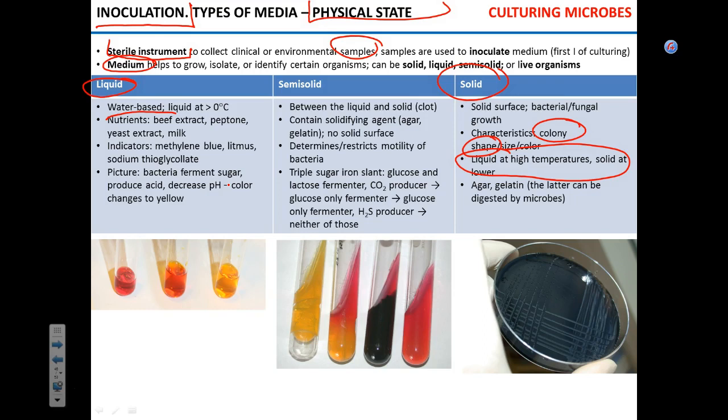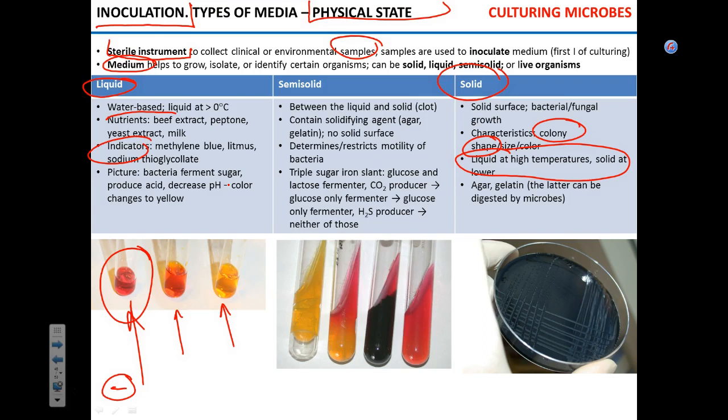Another use for liquid medium is the indicator medium. For instance, this on the left is uninoculated, negative control. The two media on the right are inoculated with bacteria that ferment.